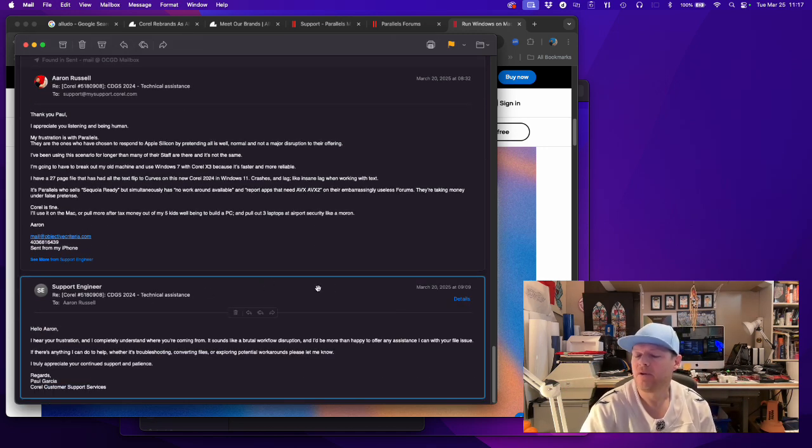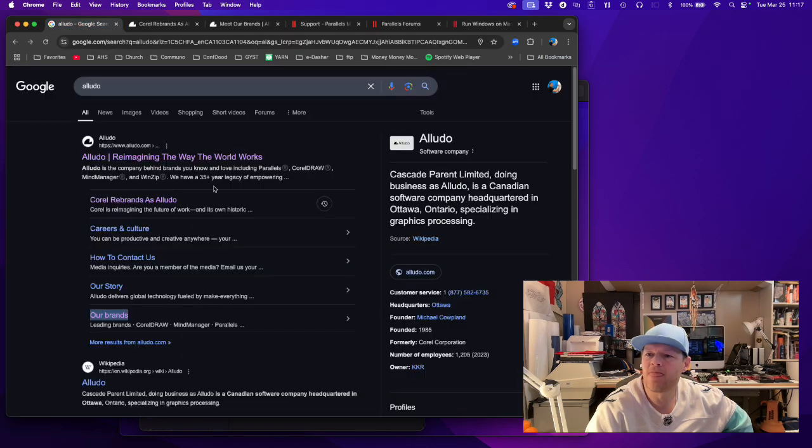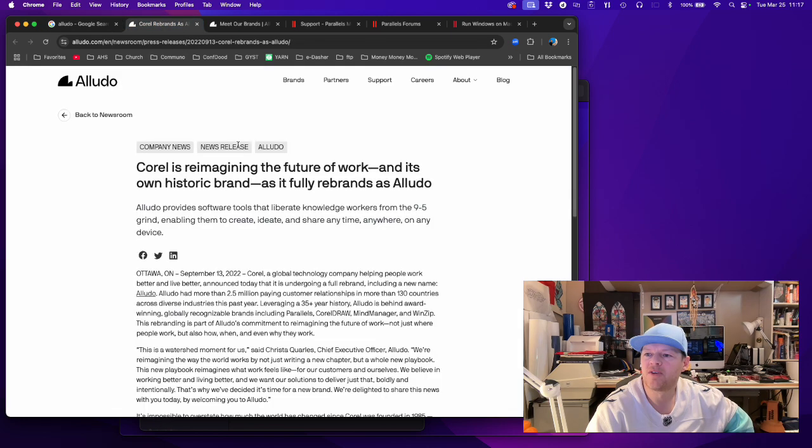Holy crap. But here's the best part. It's not the case for the people who are playing games, but in my case, when I do a search: Alludo, reimagining the way the world works.